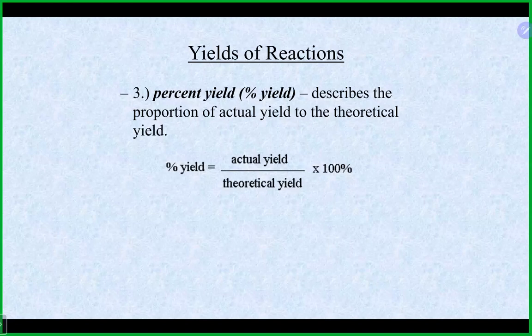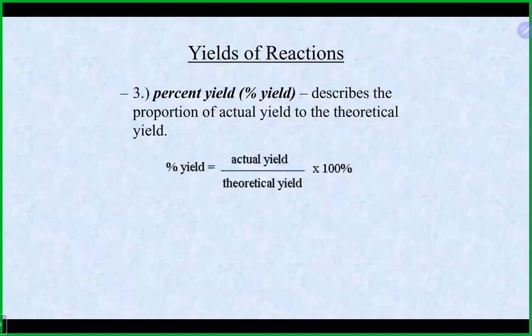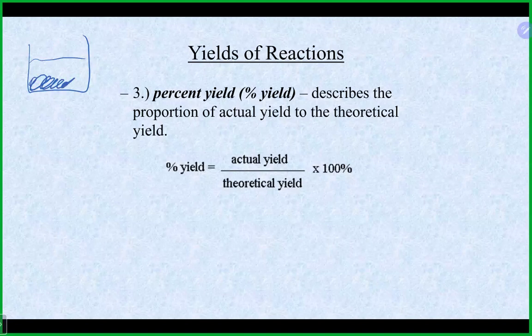If you get over 100% yield, that for some reason usually means that something went wrong for you. So a very common way, like the experiment we're doing tomorrow, for example, you're going to basically make a precipitate in a solution which has water, and it's wet, right?